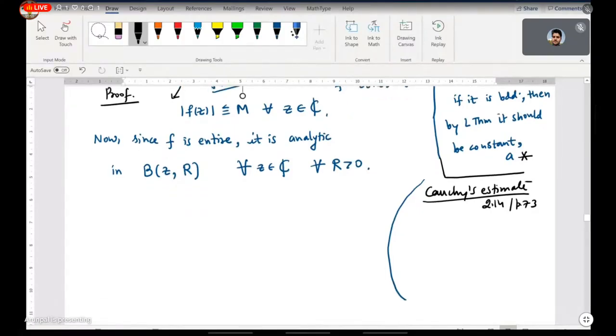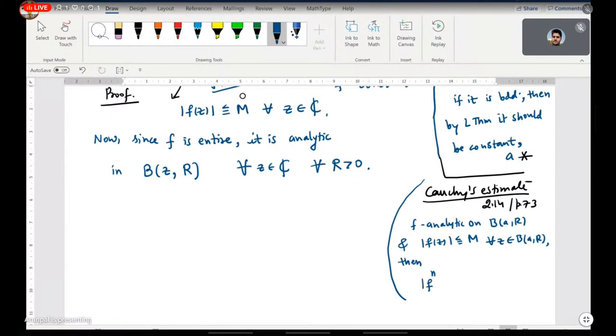This Cauchy's estimate says, class, that if f is analytic on a ball and suppose |f(z)| is less than or equal to M for all z in this ball, then Cauchy's estimate tells us about the bounds of the values of nth derivatives of the given function at this point a, and it tells us that this will be less than or equal to M times n factorial upon r to the power n. Very good. This is for all n. Is this okay, class?